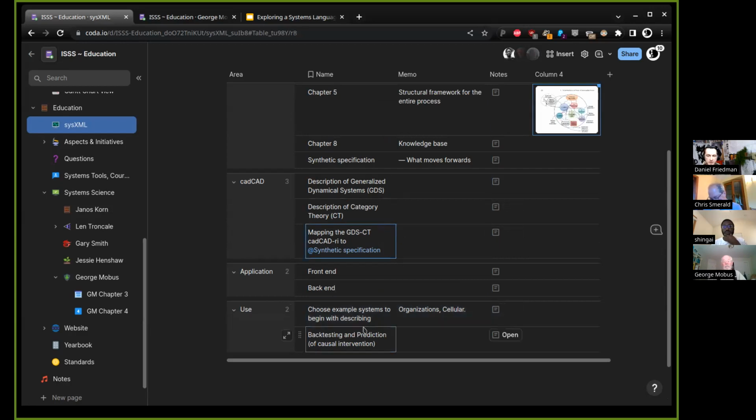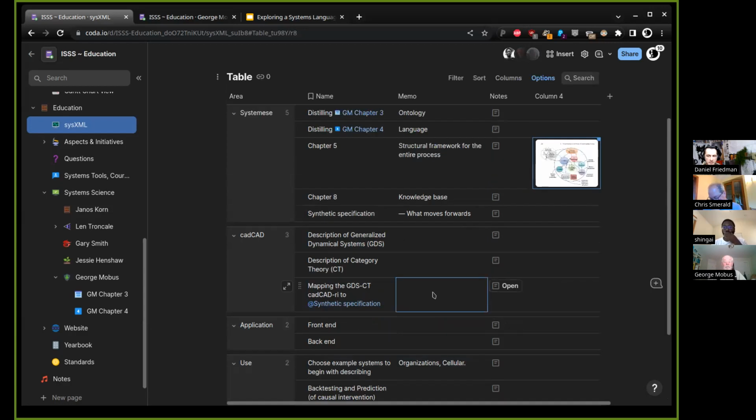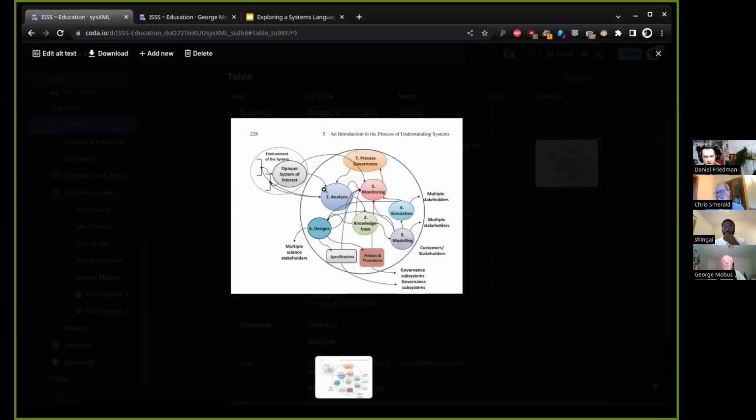What other tasks do you think would be relevant? Like if this chapter were essentially bottlenecking and specifying systemese, system of interest, including all of these components.